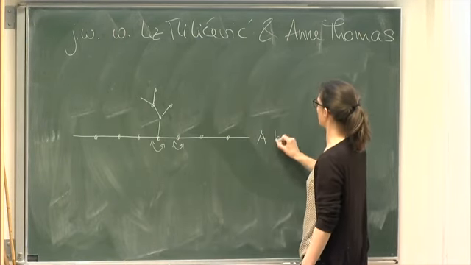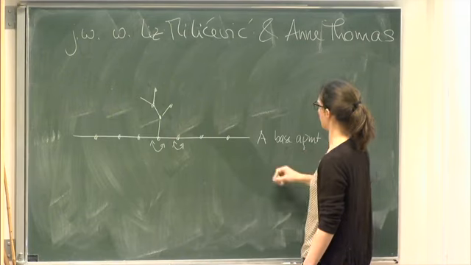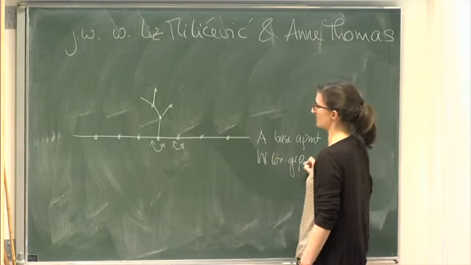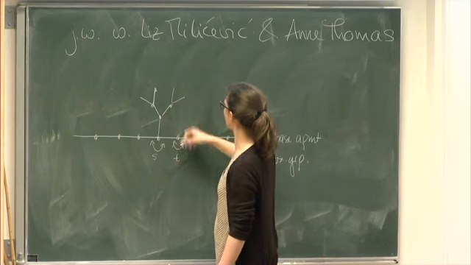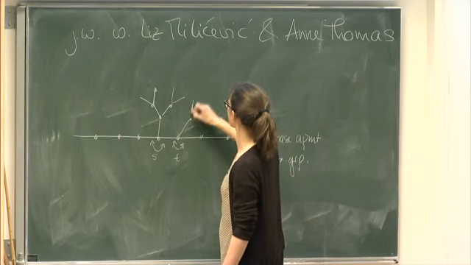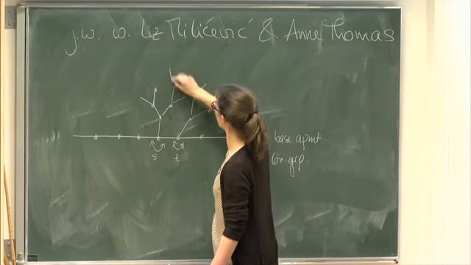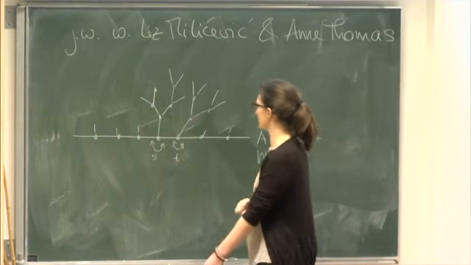This is our base apartment. It has a Coxeter group associated to it. And you have, say, valency 3 everywhere. So you branch with valency 3 at every vertex.